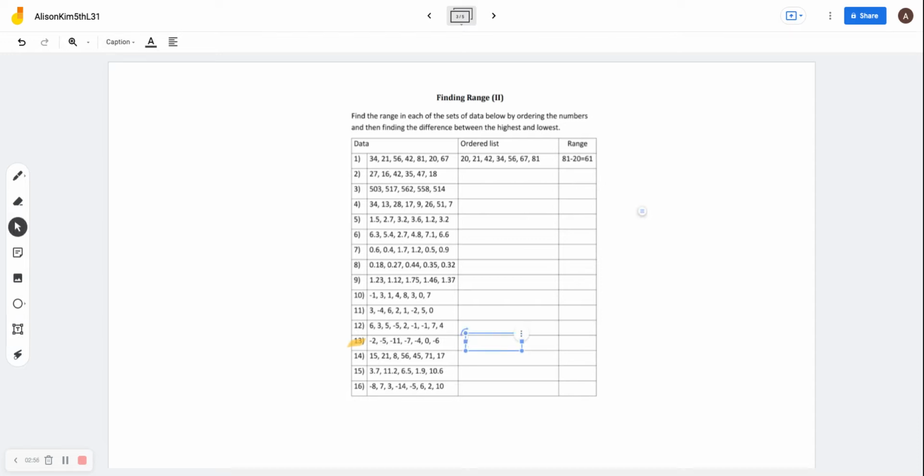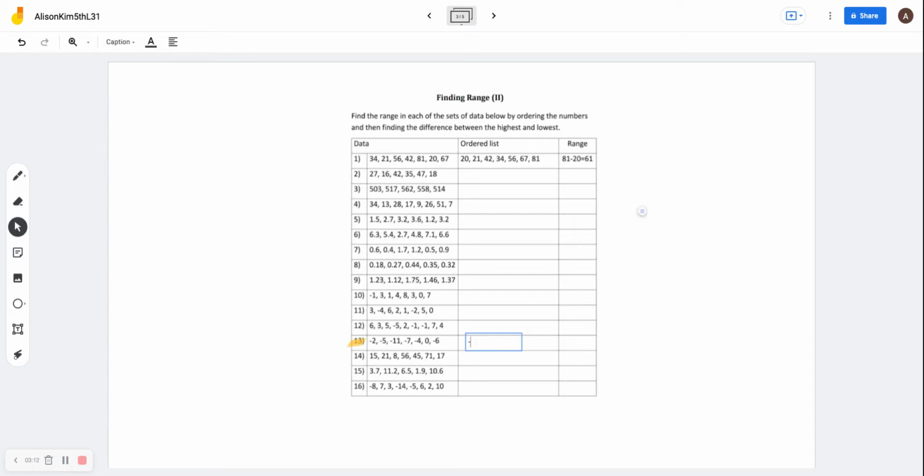So keeping that in mind, let's do from least to greatest. Once again, the biggest number will give us the least value.